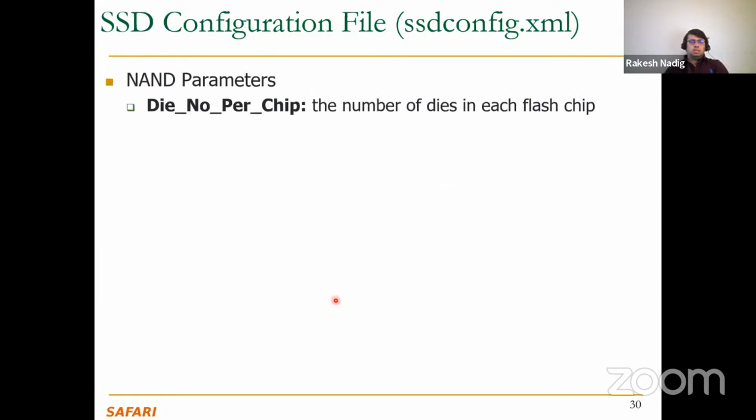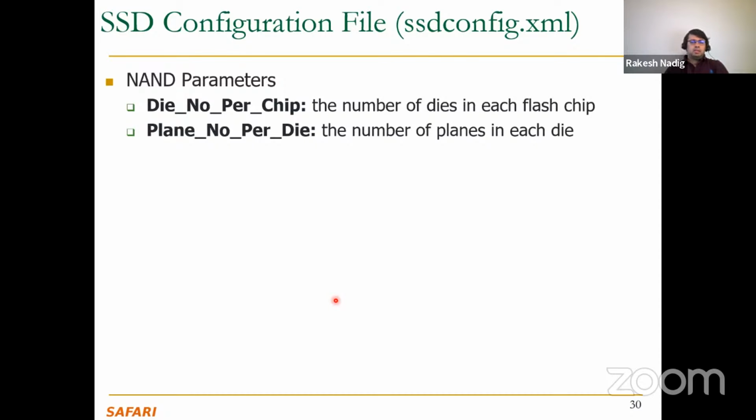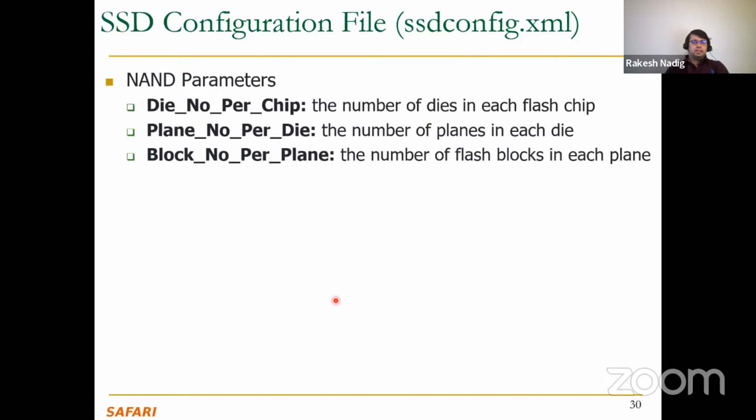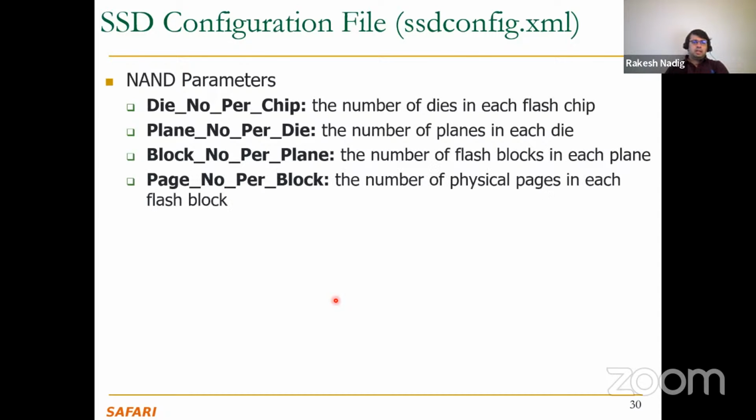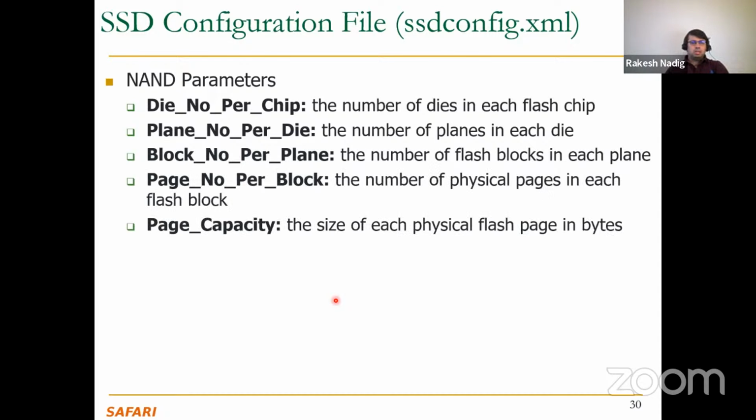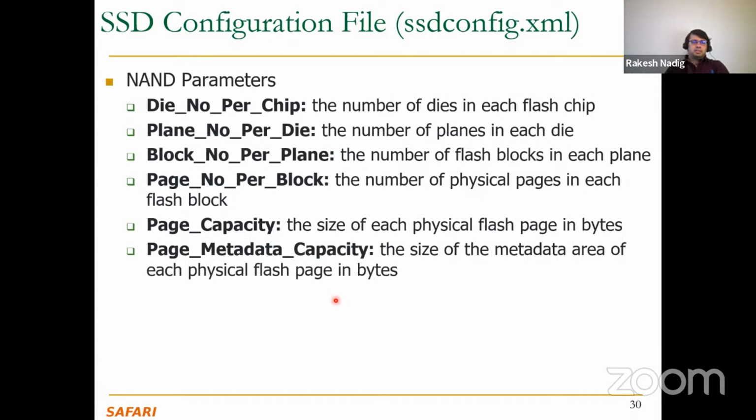Then we have some more parameters like how many dies there are per chip, the number of planes per die, the number of blocks per plane, and the number of pages per block. And we also have the page capacity and the metadata capacity.